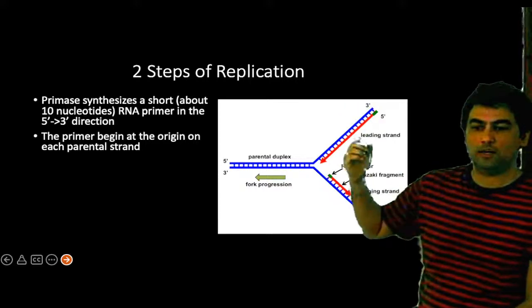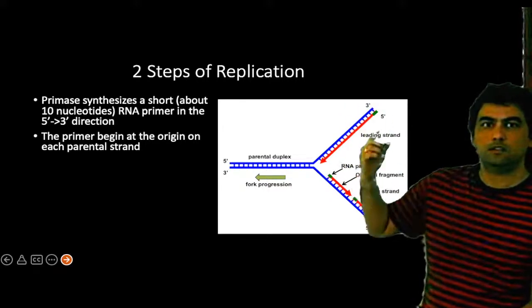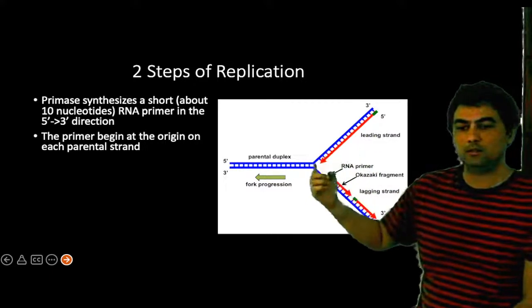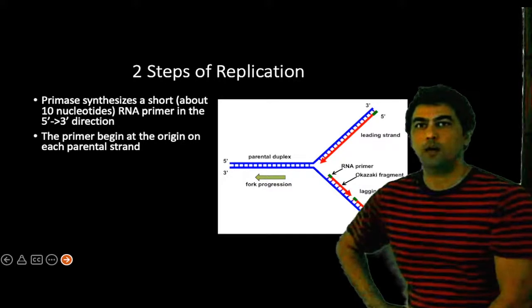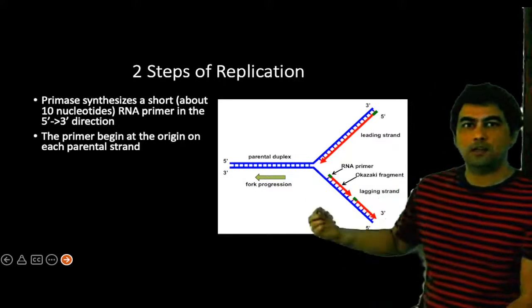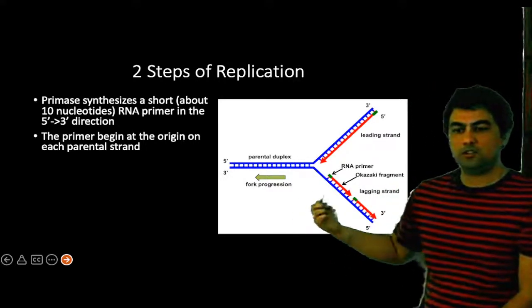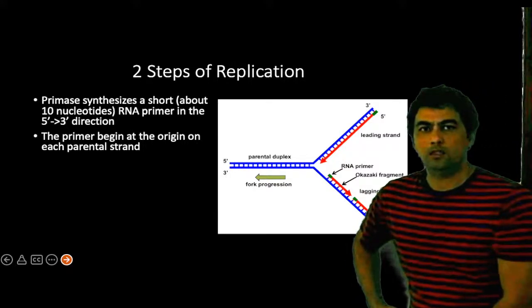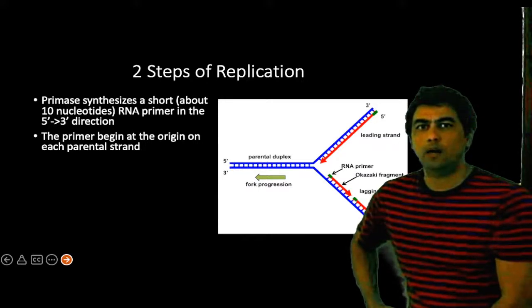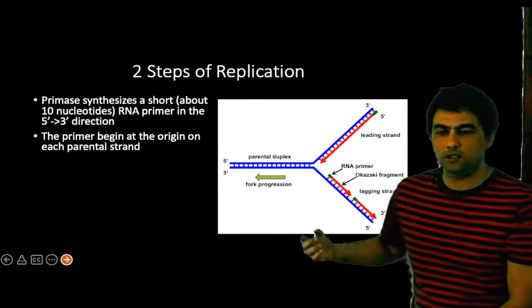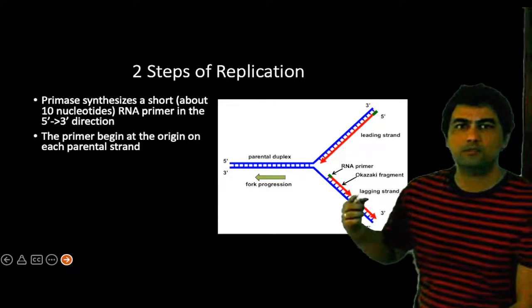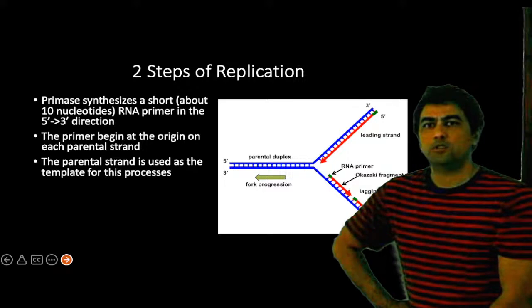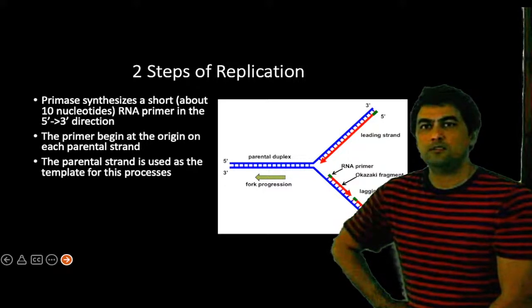Above you have the leading strand, which has just one RNA primer, and the lagging strand below, which will have multiple RNA primers, each called an Okazaki fragment. The parental strand is used as the template for this process.